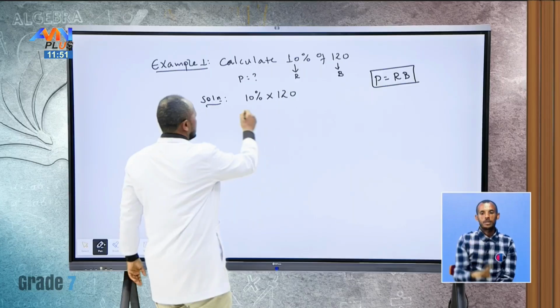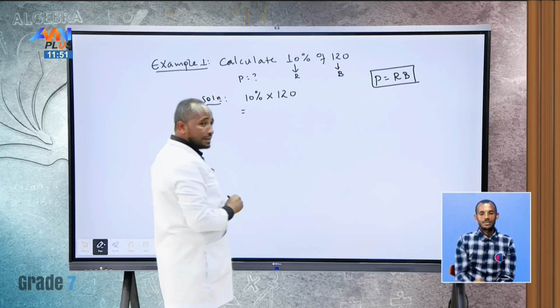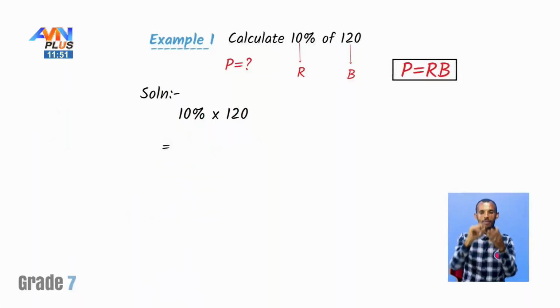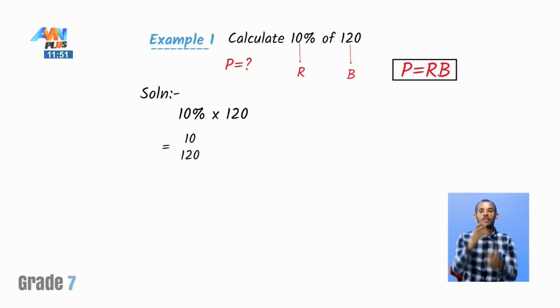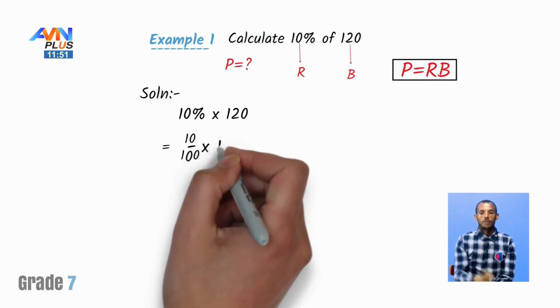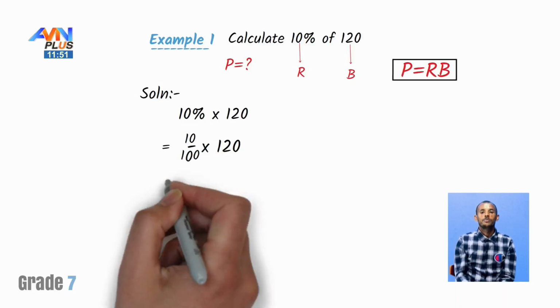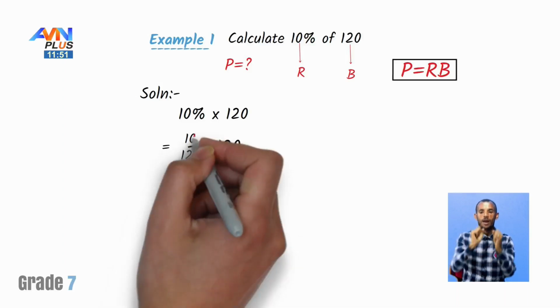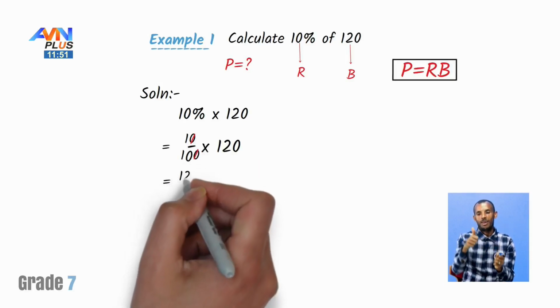Therefore, this is equal to 10%, which in fraction form is 10 out of 100 times 120. We can simplify by dividing both by 10 or by cancelling 0.